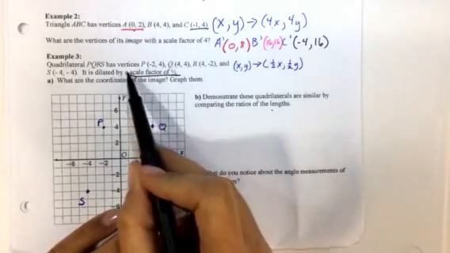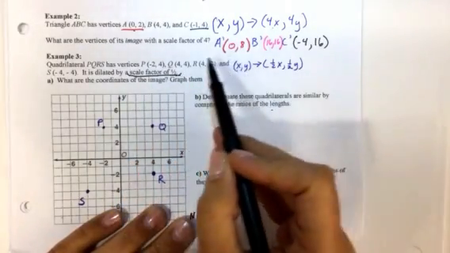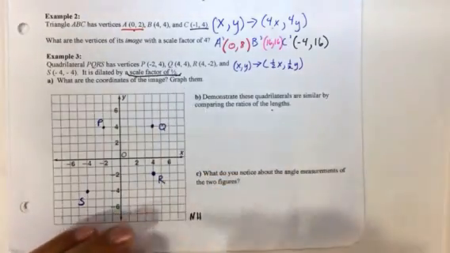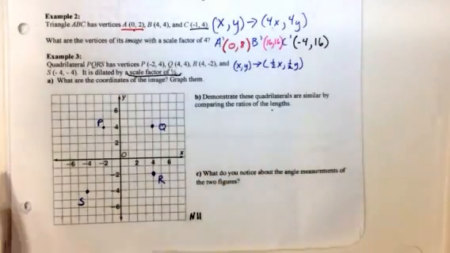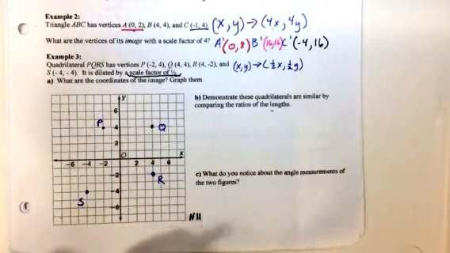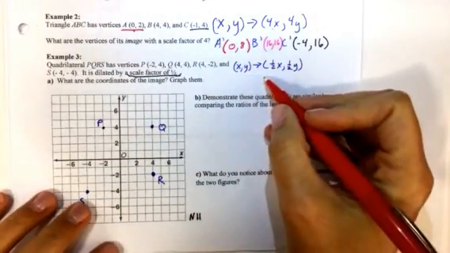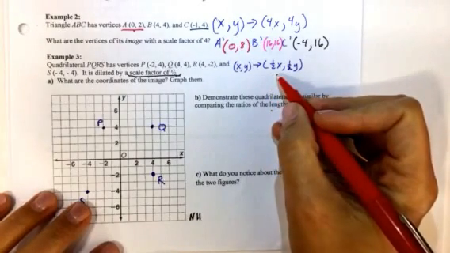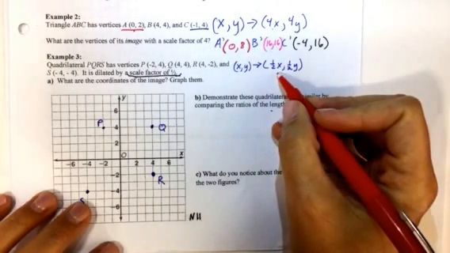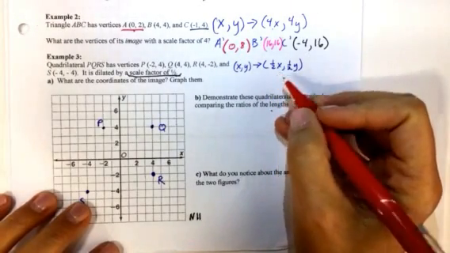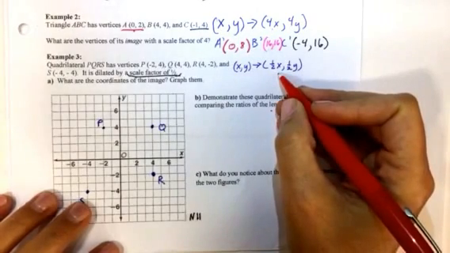So knowing what you know about how this is going to dilate things, if you have a scale factor of 1/2, it's probably going to make things smaller, right? Because as our notes showed earlier, if the scale factor is between 0 and 1, then the shape will become smaller.